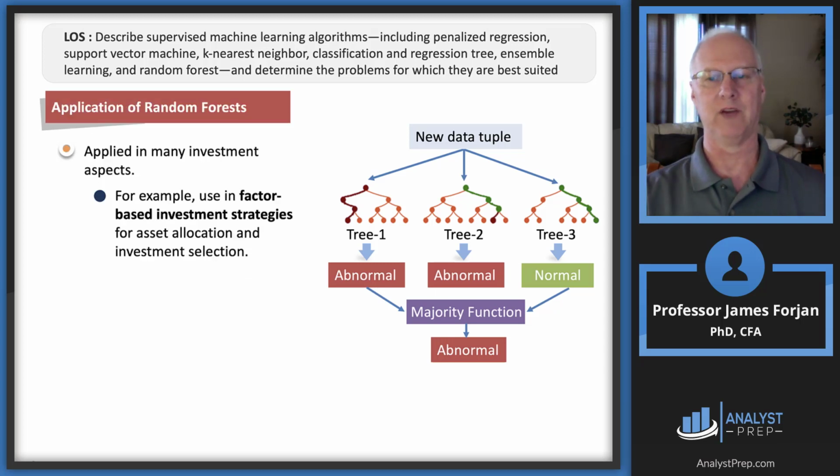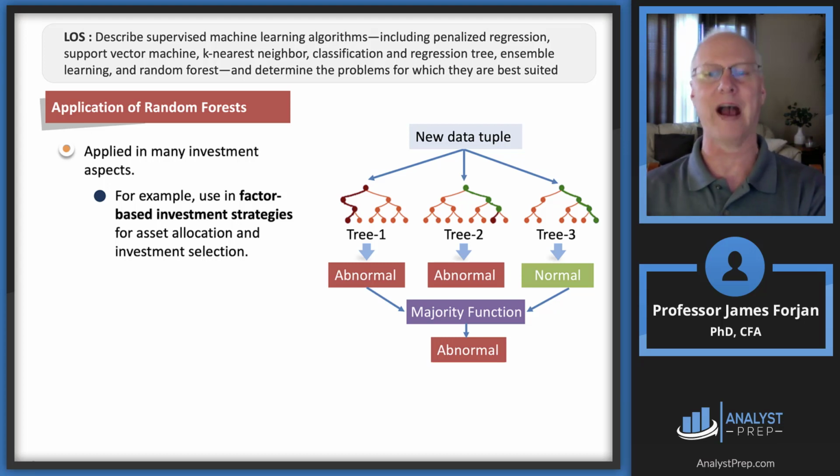Now, what are the applications here? And this is one of my favorites here, factor-based investment strategies. Now, this is not a great example here, but let's go back to my dividend change. Suppose that we've got a cross-section of stock returns for thousands, tens of thousands of stocks. And we believe that dividend changes are an important factor, right?